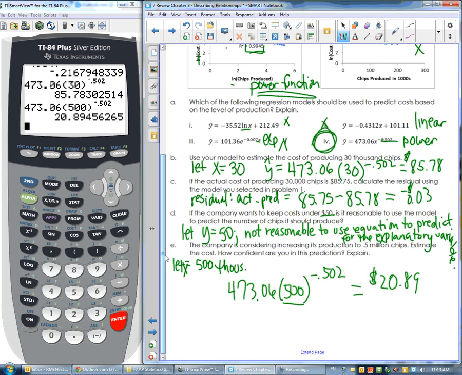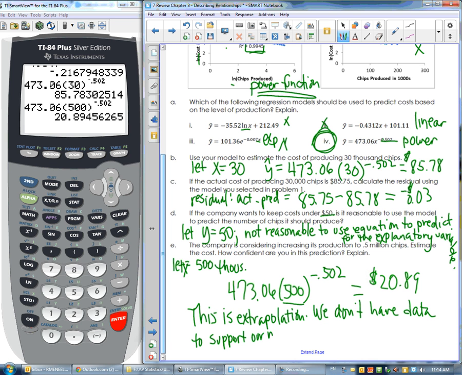This is considered extrapolation. We don't have data to support our model beyond 200,000 chips. So we're not confident in the estimate.